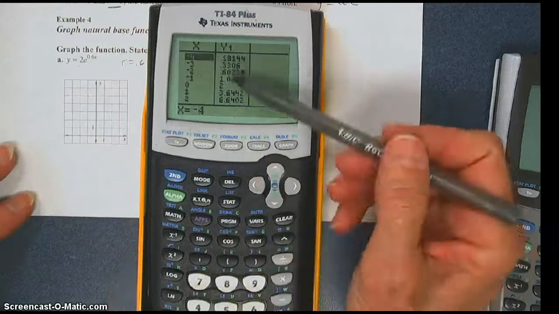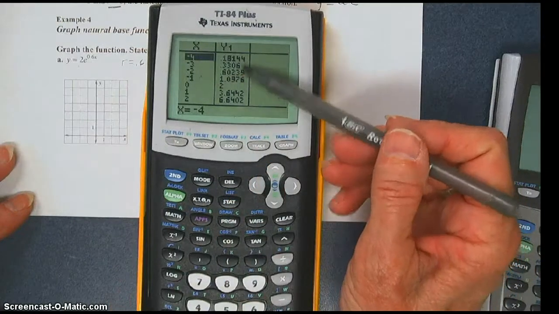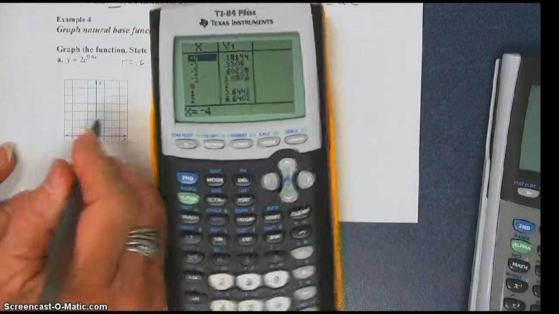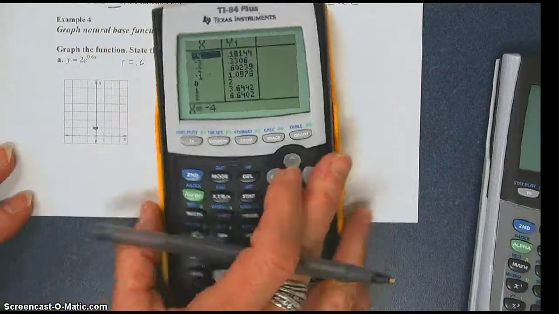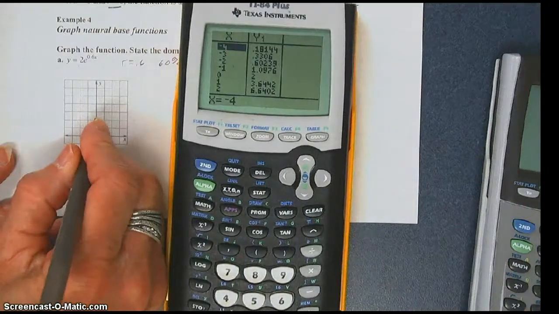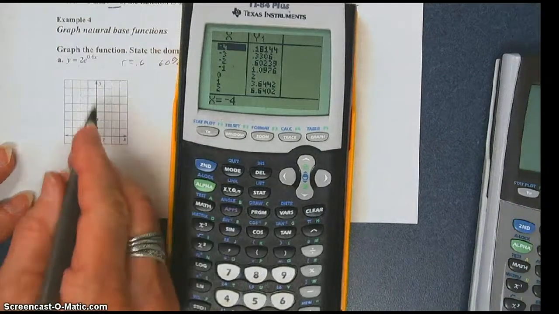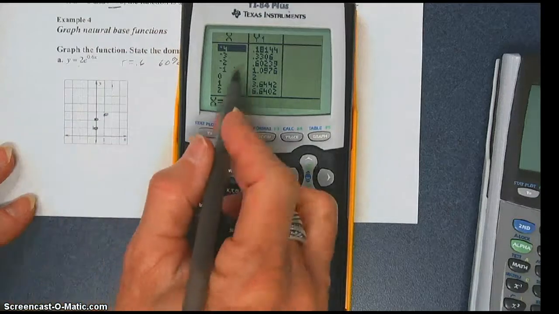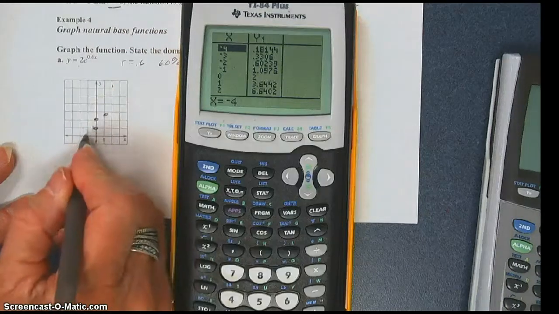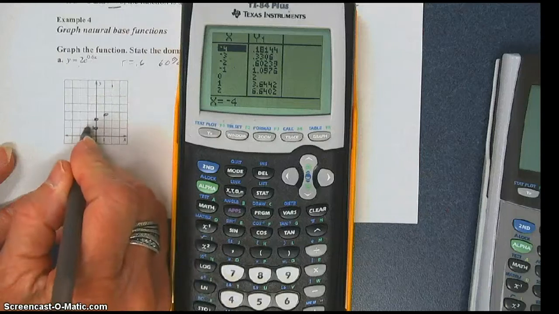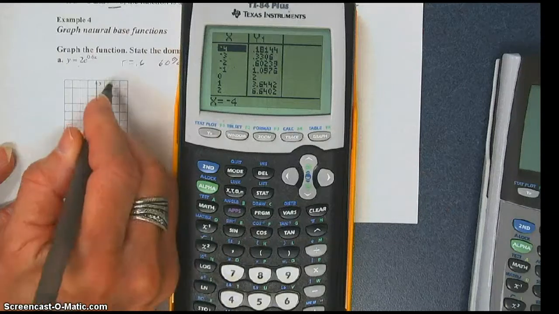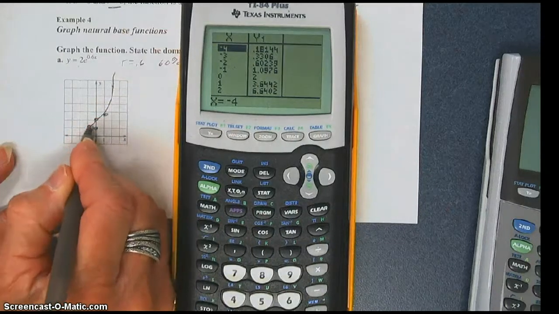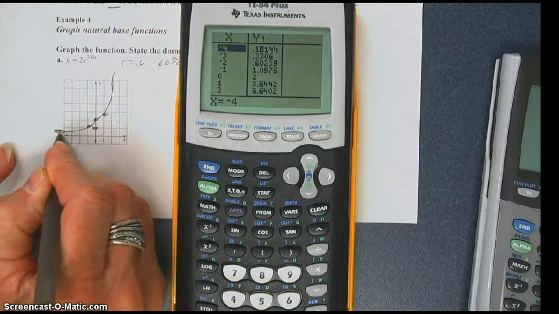You can see again, as x gets really small, we're going down to 0. We have 0.02, 1, 3, 0.6, and negative 1, 1, 0.0, and we're kind of coming down, and we're headed to the x-axis.